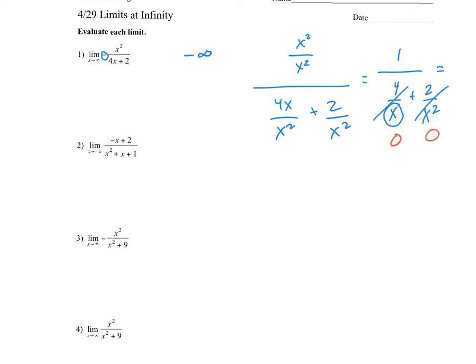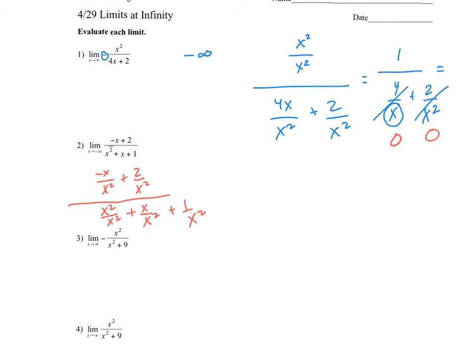Now let's look at this second one. This second one, if I put x squared, negative x over x squared, plus 2 over x squared, over x squared over x squared, plus x over x squared, plus 1 over x squared.